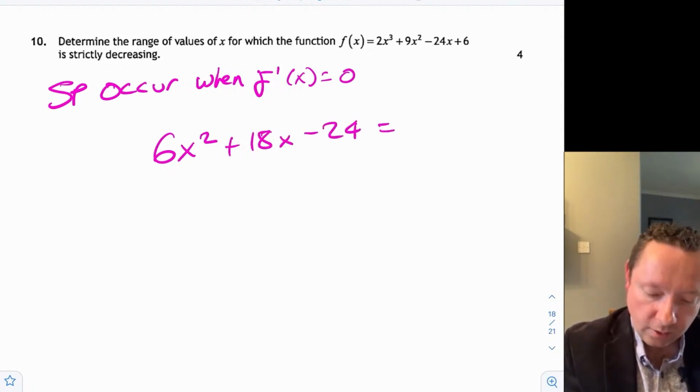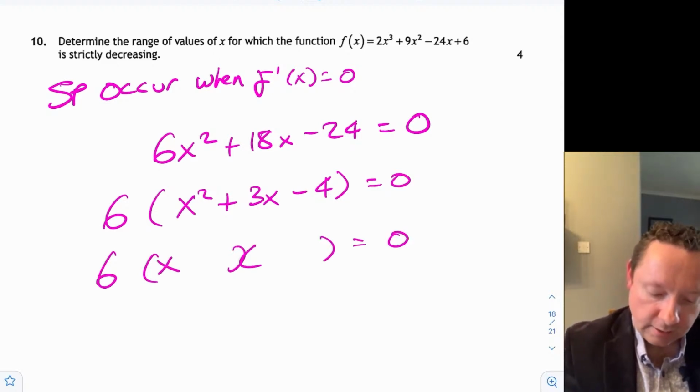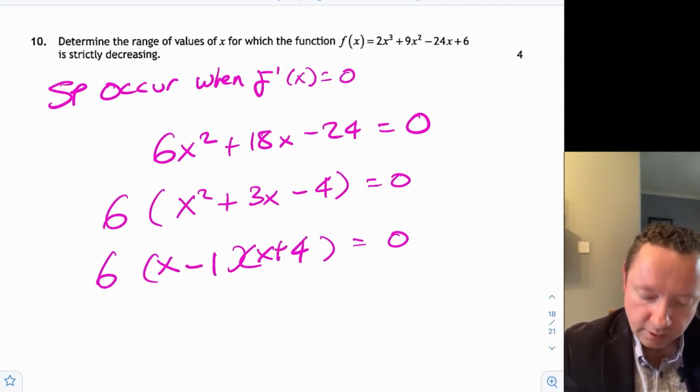And I'm going to look at that equal to 0 for our stationary points. 6 is a common factor, so I get x squared plus 3x minus 4 equals 0, so double bracket that up: x and x, 4 and 1 make 3, plus 4 minus 1 makes 3. So our stationary points occur when x equals 1 or x equals minus 4.